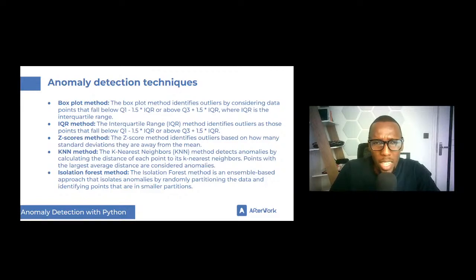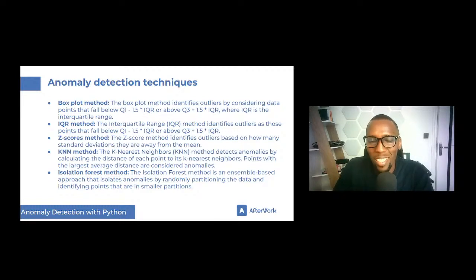KNN is another method. The K nearest neighbors method allows us to detect anomalies by calculating the distance of each point to its K nearest neighbors. So what KNN does is that it determines a point for each and every record that you have in your data set. And then it calculates distances between that point and its other associated nearest set of points.